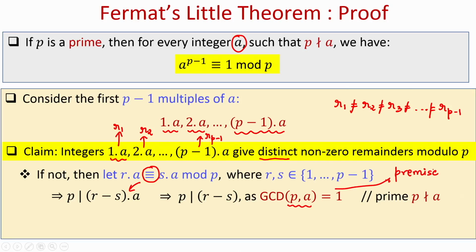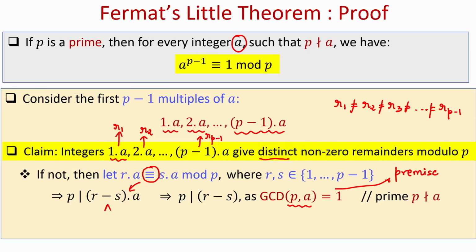You have a number P which is prime and P does not divide A, that means the GCD of P and A is 1. So, now you can recall one of the properties of divisibility that we had discussed in an earlier lecture. If P is a prime which divides the product of two numbers and one of the numbers in the product is not divisible by the prime, that means the other number has to be definitely divisible by the prime, right.